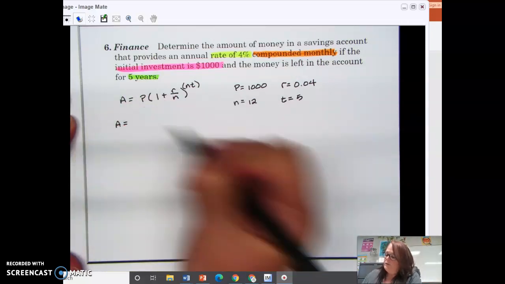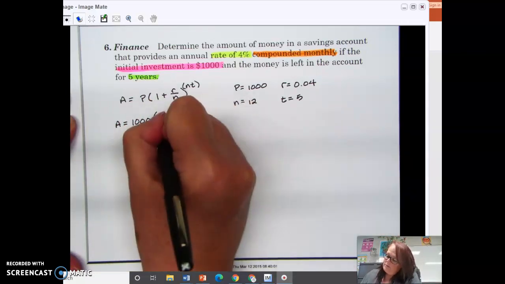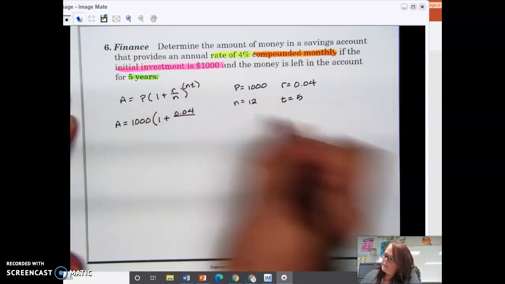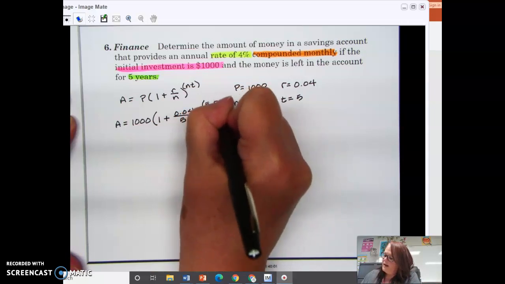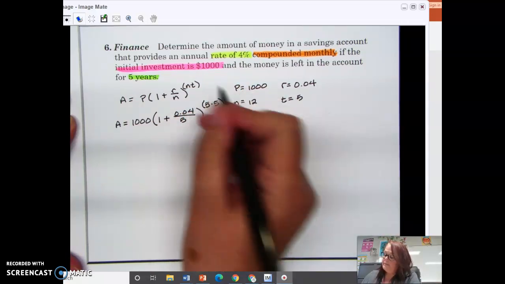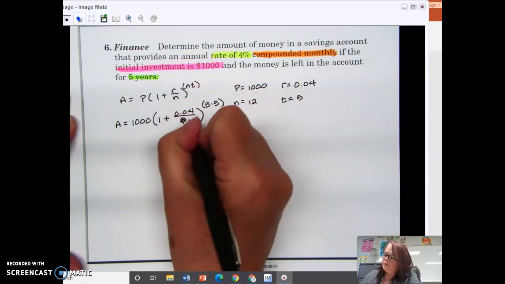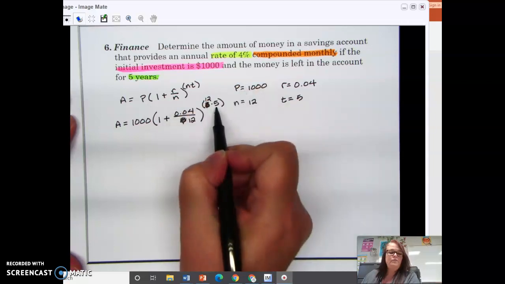So my new amount is going to be the principal of $1,000 times 1 plus my rate of 0.04 over 12 to the power of 12 times 5. Sorry, let me say that again. So the number of times per year is 12. Number of times per year is 12 times 5 years.